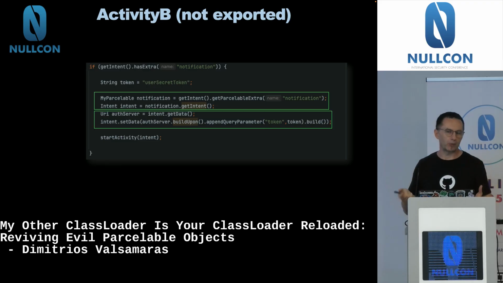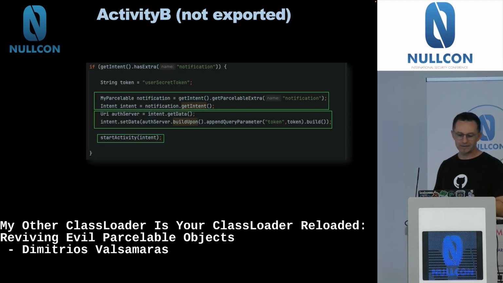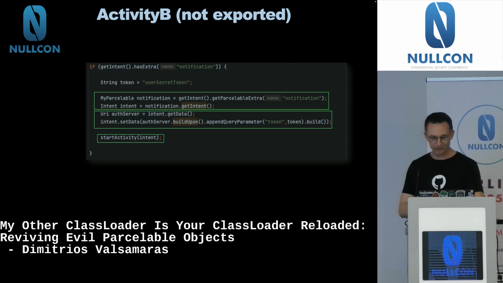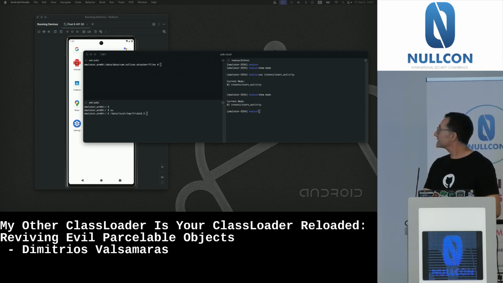Once again, this is very common. They get the data part, append the user token as a query parameter, and send it for some kind of single sign-on or something. Alright, let's see how this works. Hopefully it works.